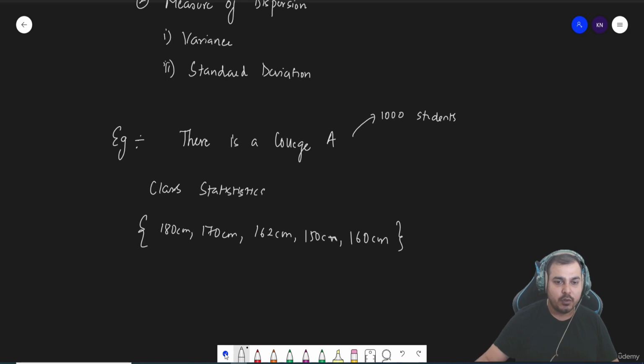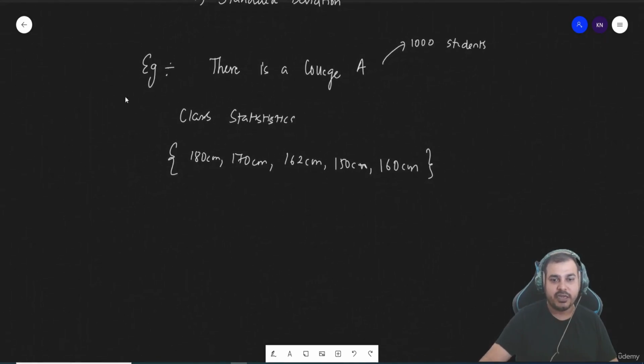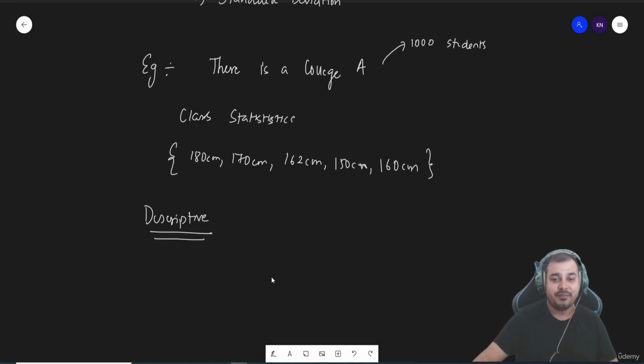Now, if I really want to make you understand how we deal with descriptive and inferential statistics in this kind of problem statement, the first thing to understand is that in descriptive statistics, I may use measure of central tendency, which basically means mean, median, mode.